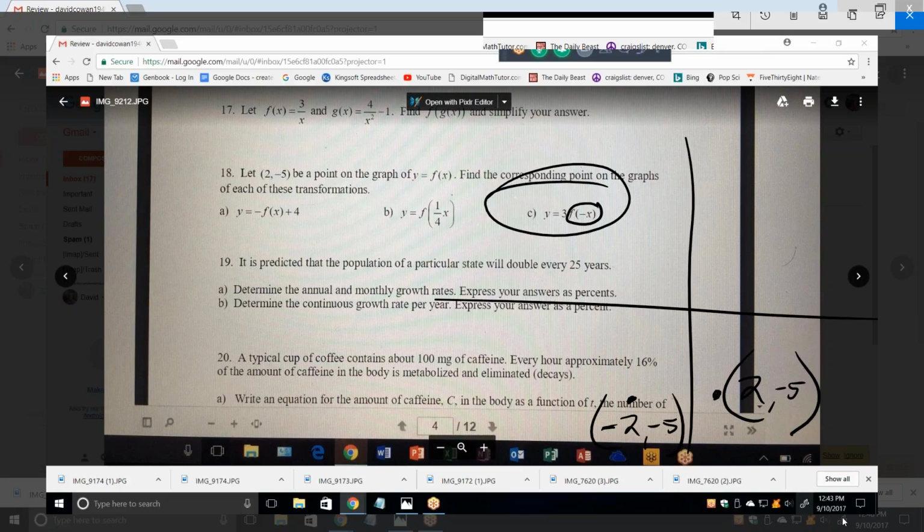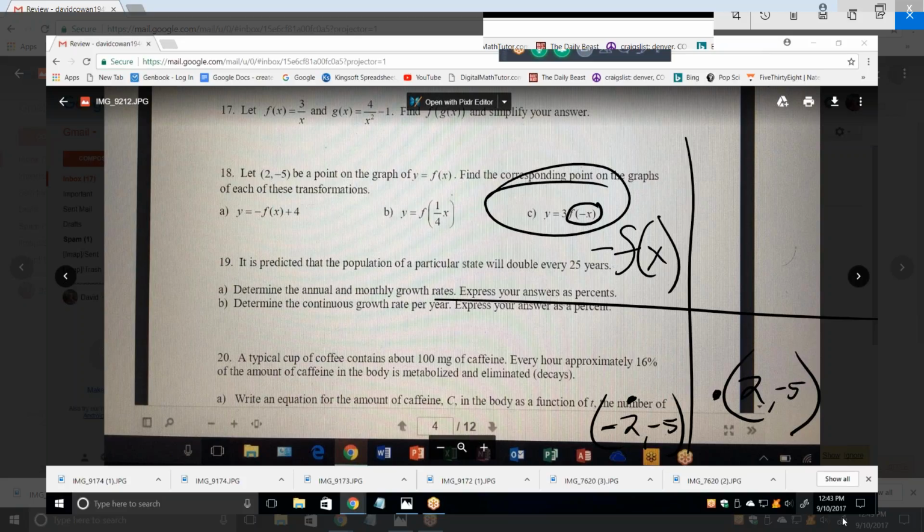The only thing I'm working on is the x value. The negative sign is inside the parentheses, operating on the x value. That is a reflection over the y-axis. When you see f of minus x, that's what it is. If you see minus f of x, that's a reflection over the x-axis.